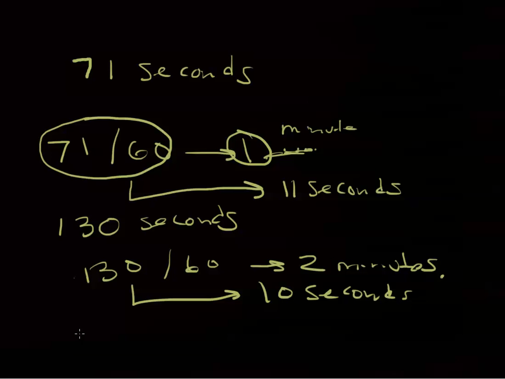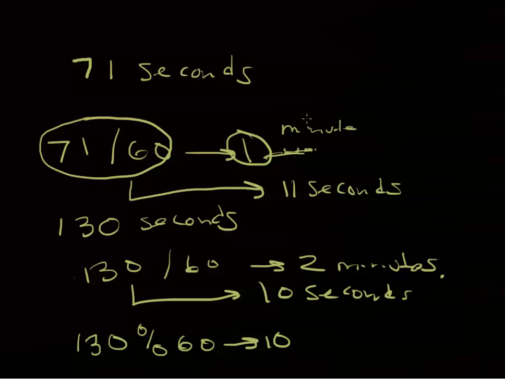Certainly we do. 130 modulus 60 will give us back 10. It'll give us back the integer remainder. So we can take the total number of seconds, divide 60 into it to find the total number of minutes, and do a modulus operation of the same numbers to find the number of seconds remaining.